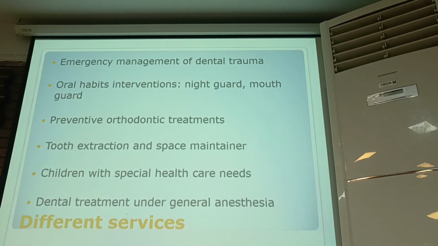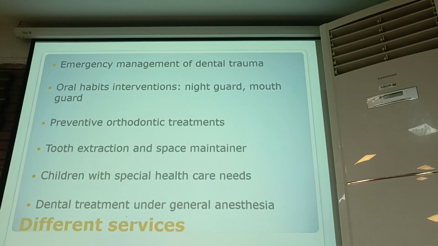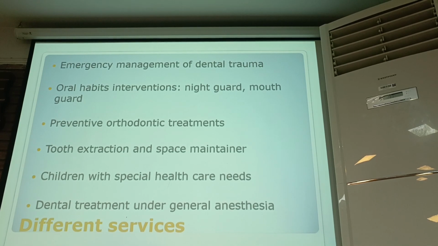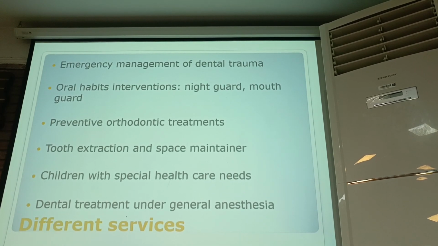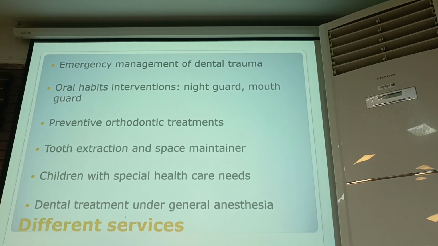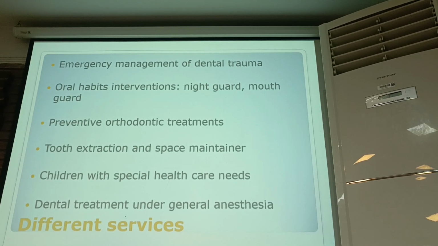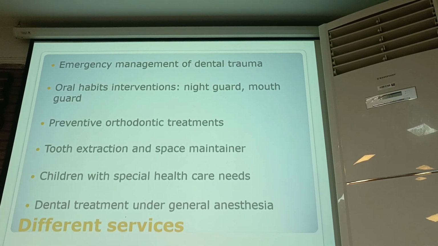In pediatric dentistry we also have other kinds of services, for example emergency management of dental trauma and some oral habit interventions, for example night guard or mouth guard. What is the difference between night guard and mouth guard? Night guard is for night, for preventing dental grinding.